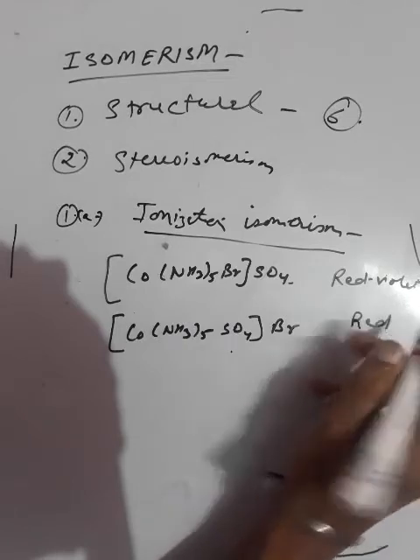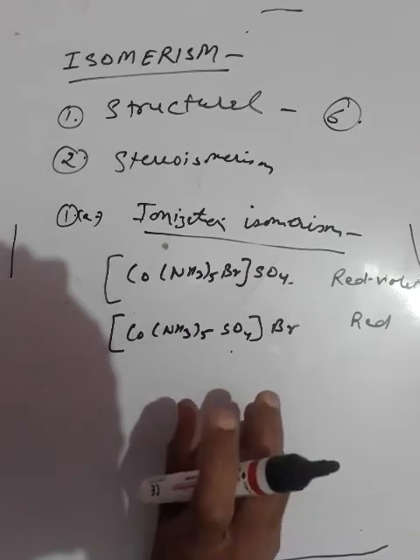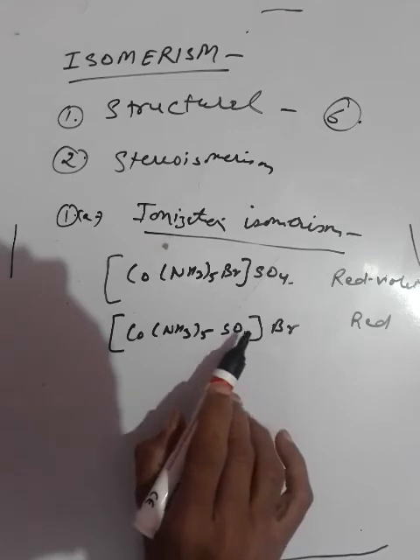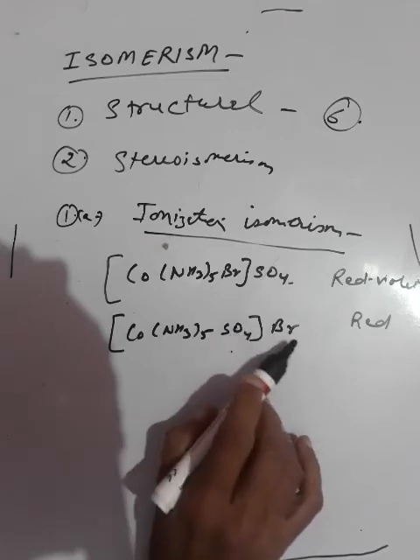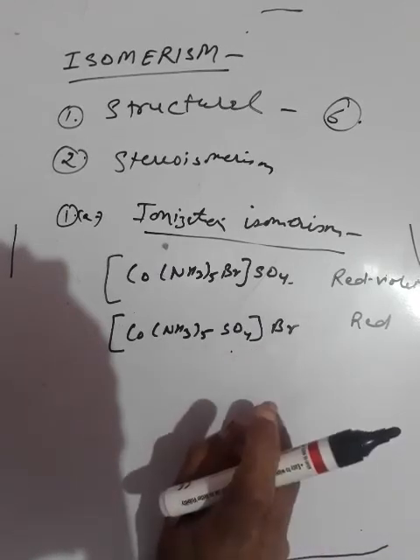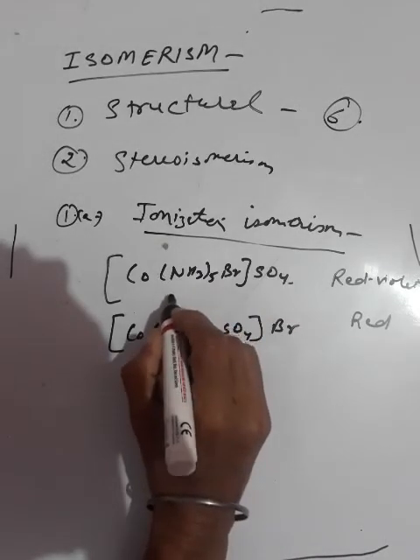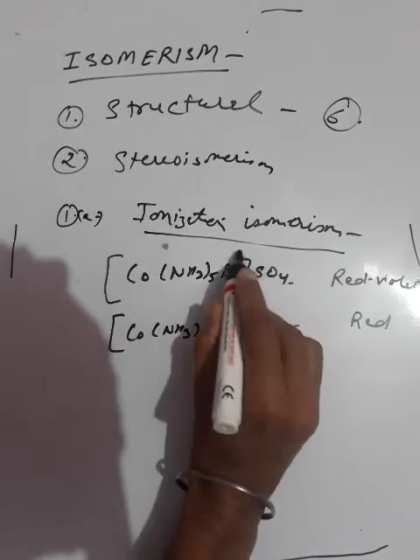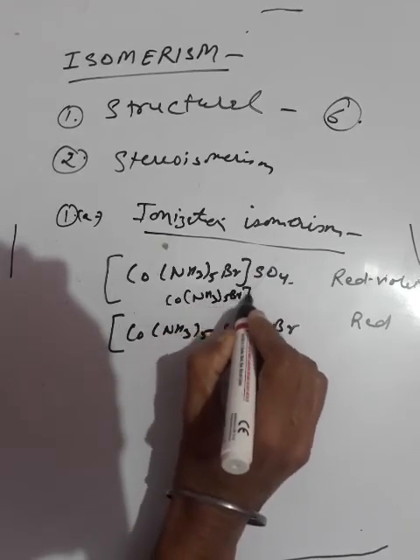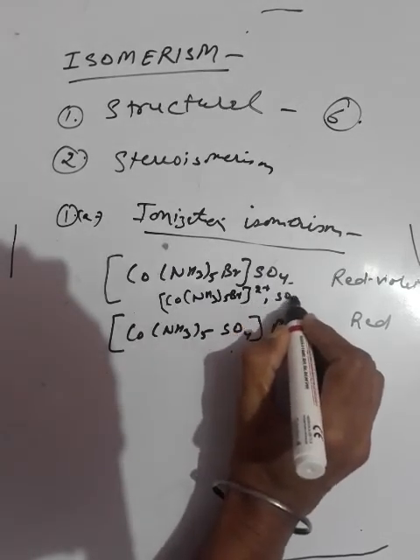These have the same molecular formula, but they have different atoms or ions in the coordination sphere and just outside the coordination sphere, which will be given as the ions. When this compound is ionized, it will give [Co(NH3)5Br]2+ and SO4 2-.